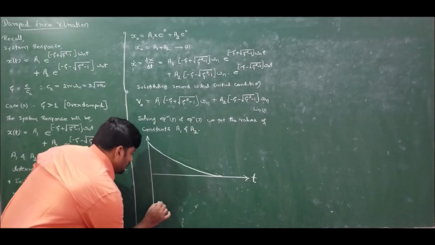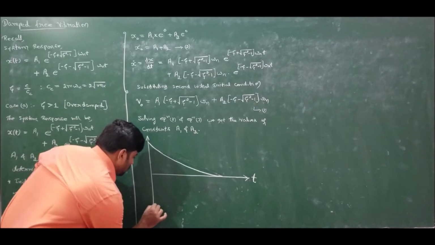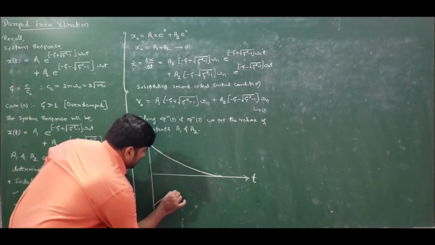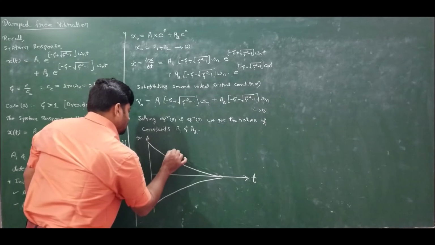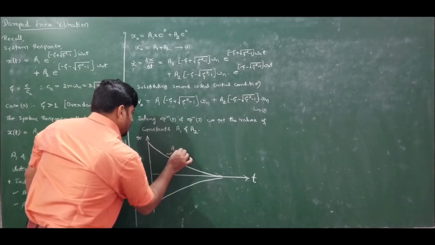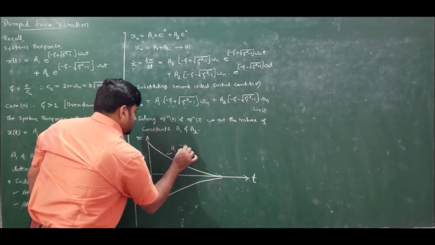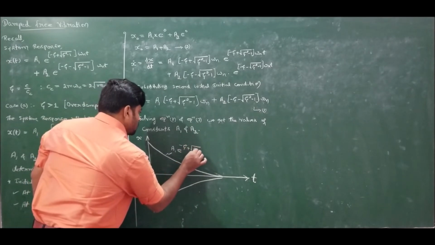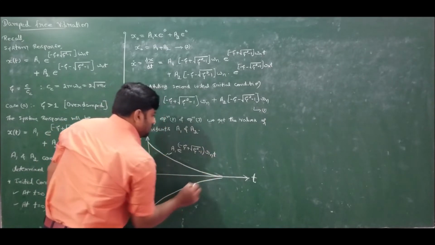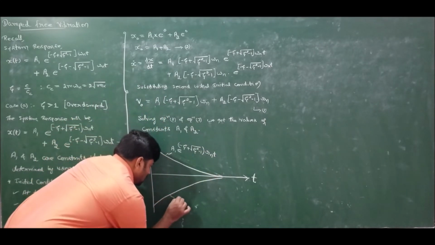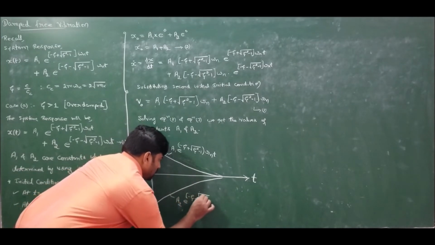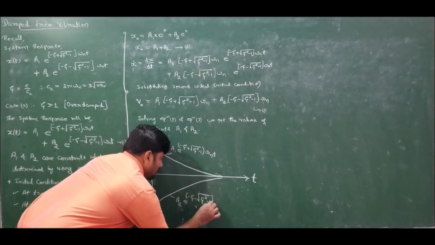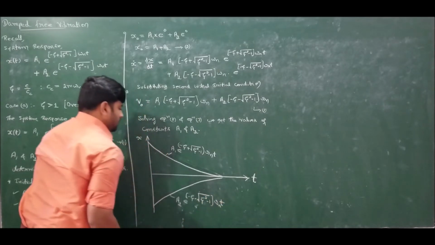and one is minus zeta plus square root, another one is minus zeta minus square root, right? So therefore this is a1 e to the power of minus zeta plus root of zeta square minus 1 into omega n t, plus a2 e to the power of minus zeta minus root of zeta square minus 1 into omega n t.